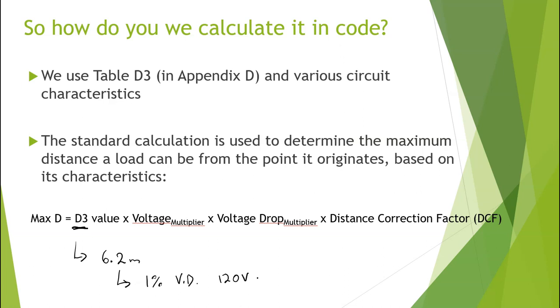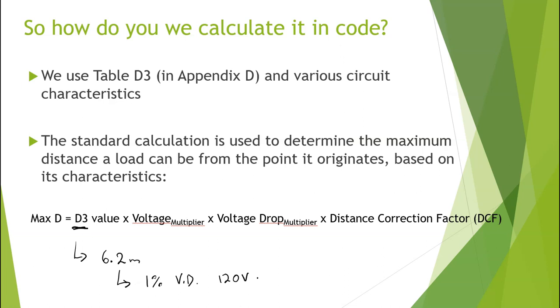Then what we have to do is actually look at the circuit characteristics that we will have, and therefore we need to look at the voltage of the circuit we would actually be calculating, because table D3 being based on a 120 volt circuit does not automatically account for a 240 volt circuit or a 277 volt circuit, for example.